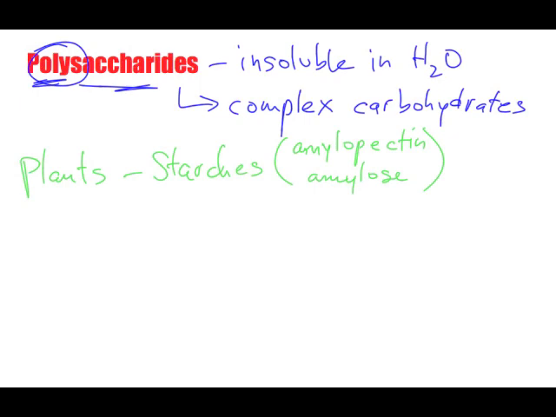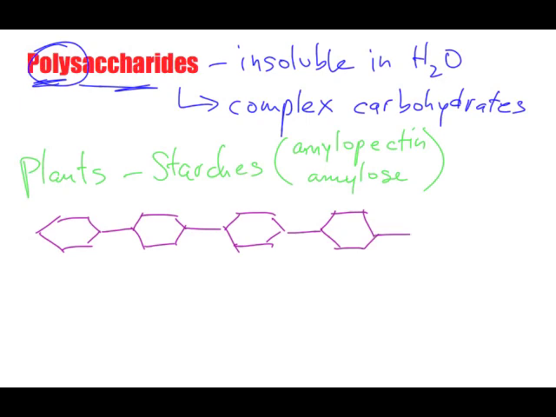Remember, as we said, glucose molecules have that hexagon shape, and just for simplicity here, I'm going to draw them as a straight chain. So there's a whole bunch of glucose molecules here. Notice this hexagon shape, and they keep going. Of course, they can curl, but we're not going to worry about that.